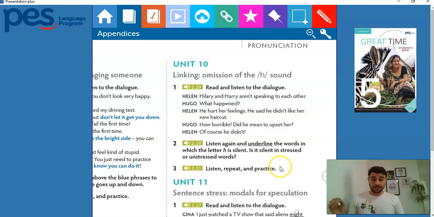Is the H sound silent in stressed or unstressed words? You know, so important words that we really need to pronounce very clearly, right? Or unstressed words, words that are there just to complete the idea or the syntax of a sentence, okay? So, again, let's listen and try to underline the words in which the H sound is not strong, okay?